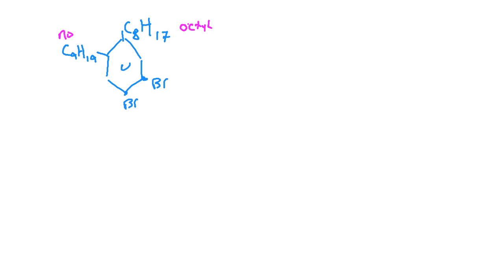So it seems clear that I'm going to go this way. Count that as carbon 1. This would be carbon 2, this would be carbon 3, this would be carbon 4, and this would be carbon 5. This is very straightforward: 1,2. There's 2 bromine, so it's dibromo.